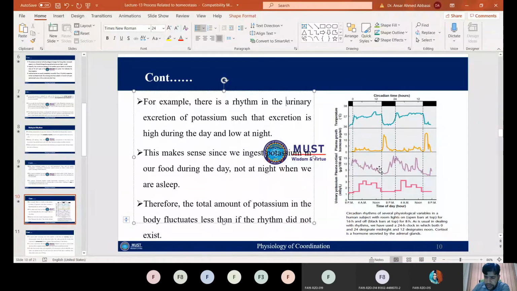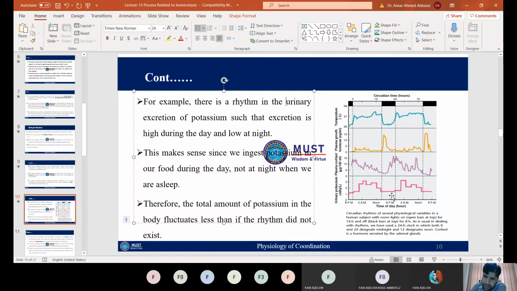These peaks represent the plasma cortisol level in microgram per 100 ml. Similarly, we have plasma growth hormone, and here you can see the concentration of plasma growth hormone. Then we have the temperature. Similarly, we have urinary potassium.